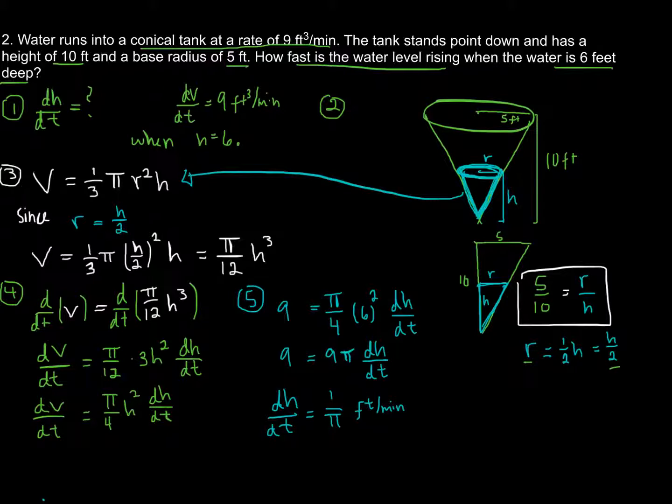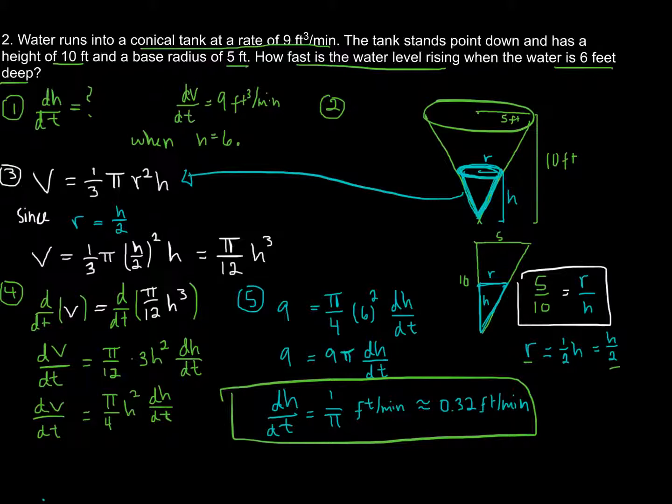We can approximate if we'd like, giving us approximately 0.32 feet per minute. You now want to go ahead and write out your answer. Make sure that it makes sense and that you're using correct language. But to say it quite briefly, at the instant in question, the height of the cone of water is changing at a rate of approximately 0.32 feet per minute.